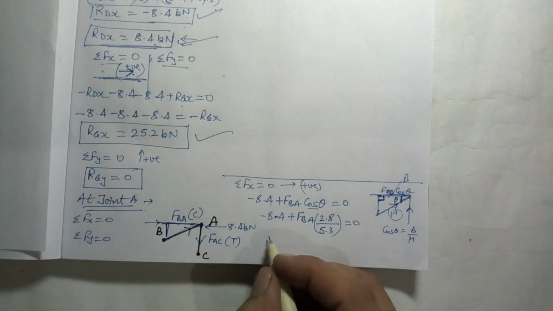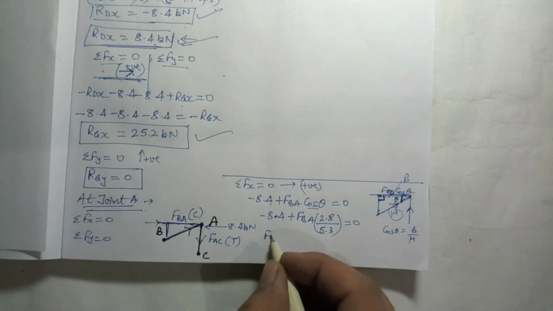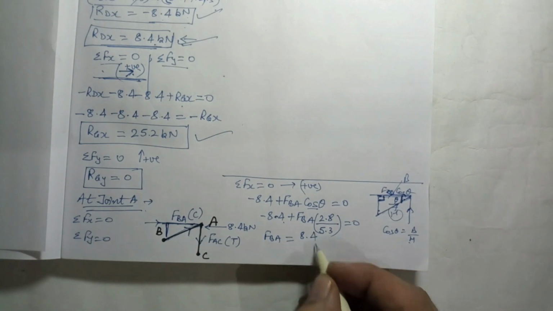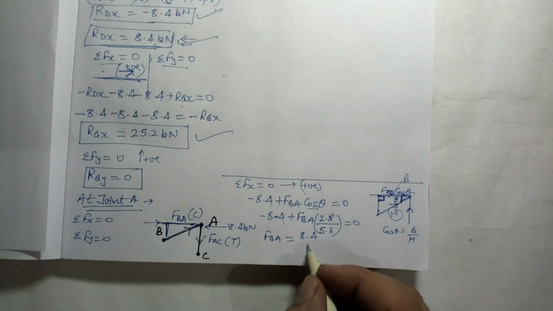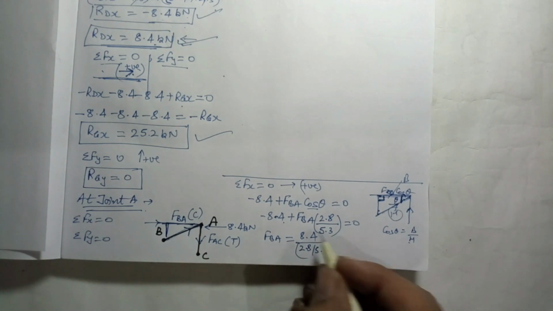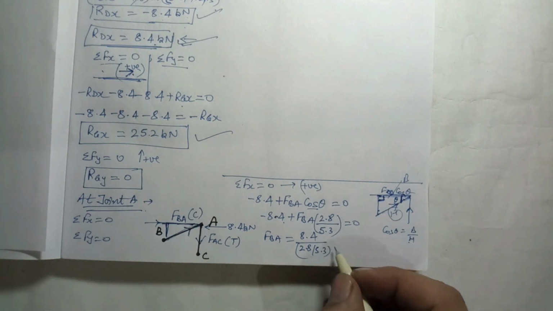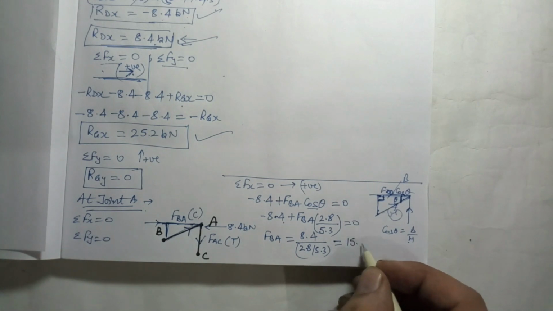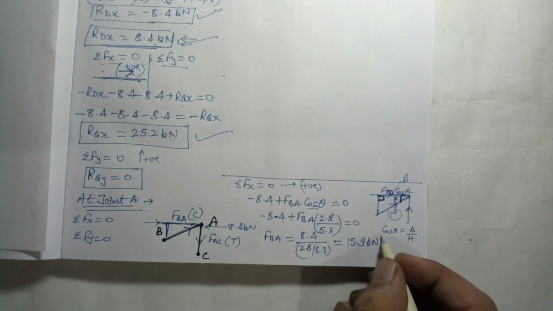Now when I solve it, we get FBA equal to 8.4 divided by 2.8 by 5.3, it will go to that side and become positive. When we solve this, it comes to 15.9 kilonewton, and the value is positive.